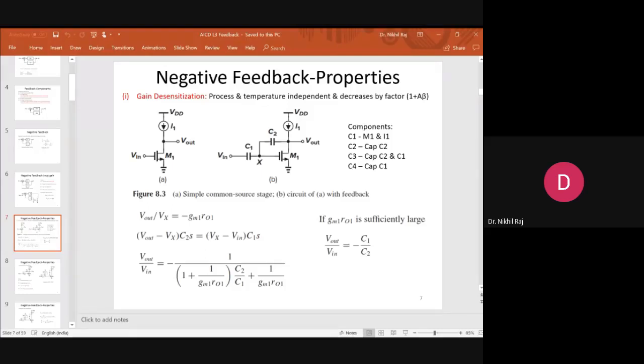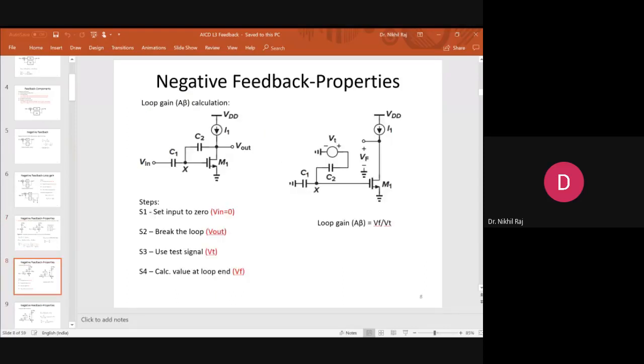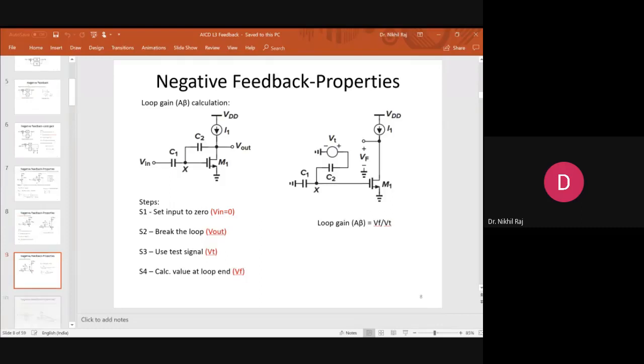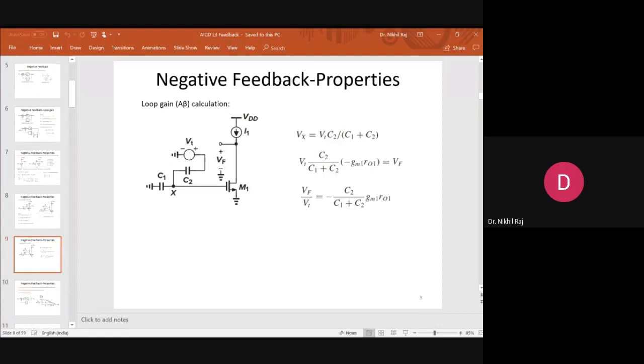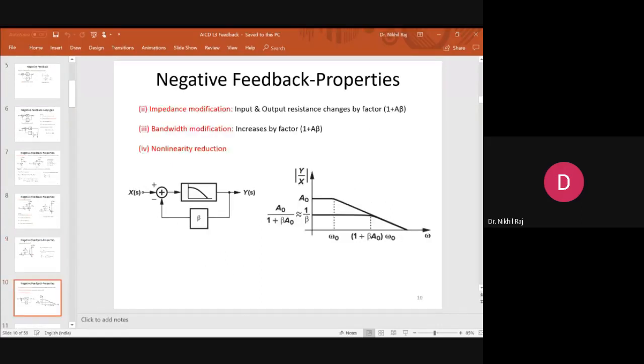Substituting the gain, you can calculate what is the beta value. So this was the amplifier example we have taken. Then some characteristics of negative feedback were there, like impedance modification, bandwidth modification, non-linear reduction, and also the gain reduction.